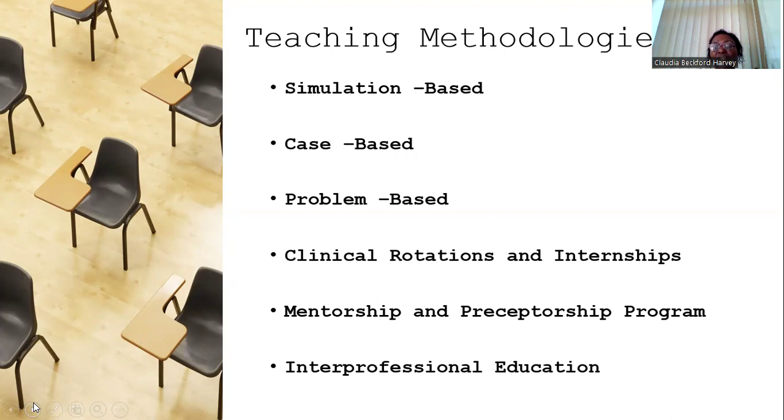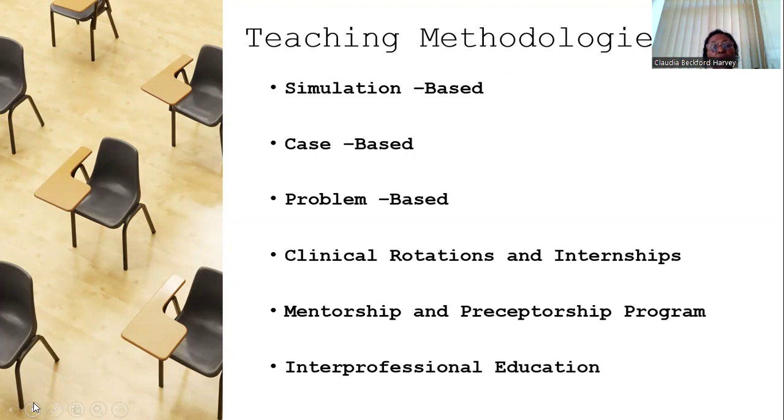Clinical rotations and internships as another methodology. Direct patient care experiences are critical. Clinical rotations in various specialties allow students to apply classroom knowledge in real settings under the supervision of experienced staff, nurses, and faculty.